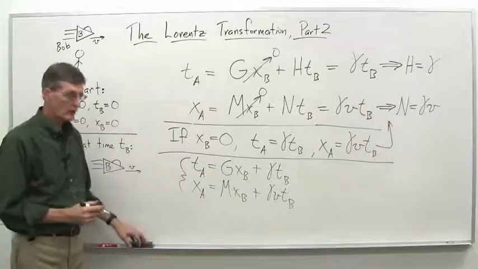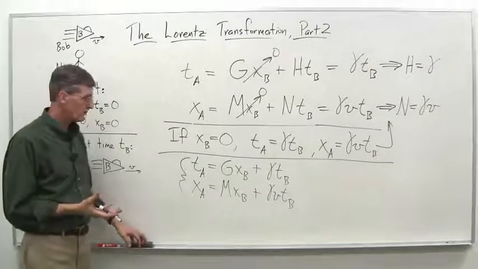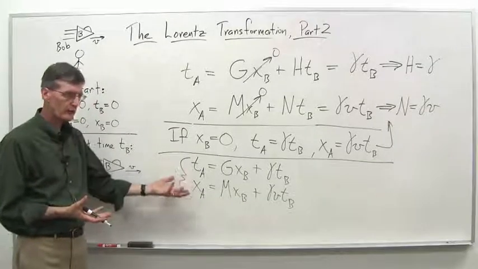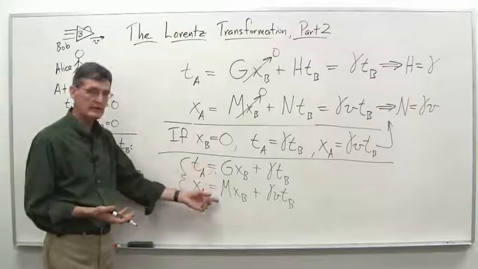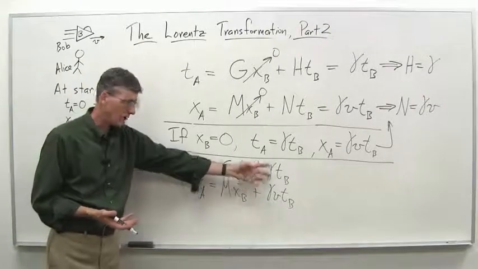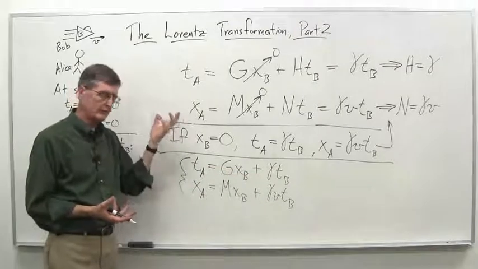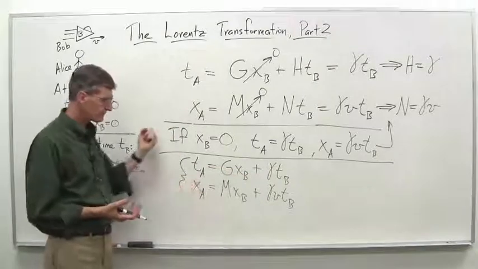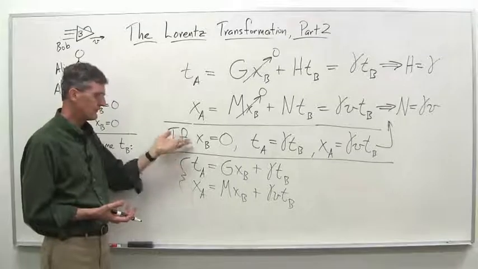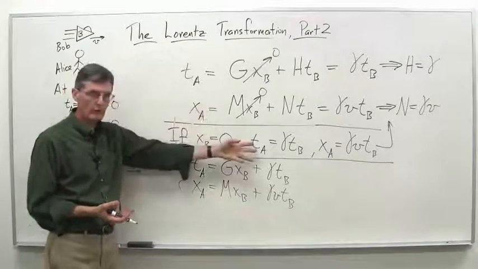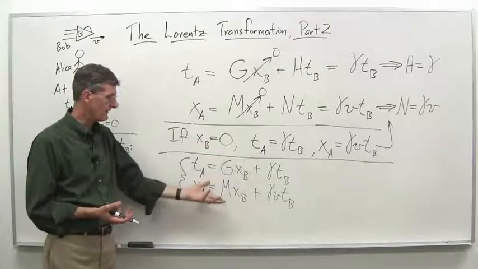So those are our two Lorentz transformation equations. As I said, we're halfway there now. We still need to find out what G and M are, but we found half the form of the equations. We had the argument that they need to be linear like this. They need to, in the case of XB equals 0, reproduce our part 1 equations. And so we've got that in there.